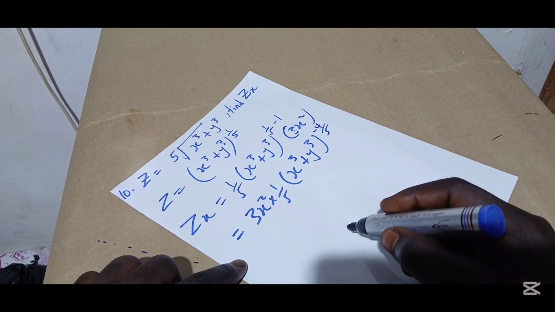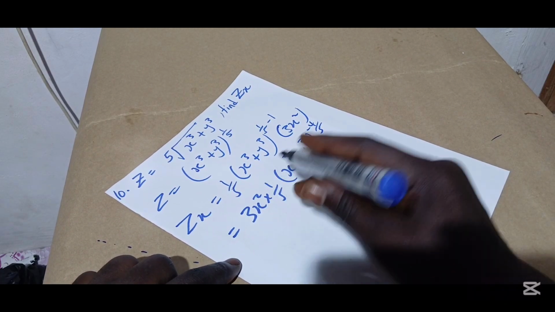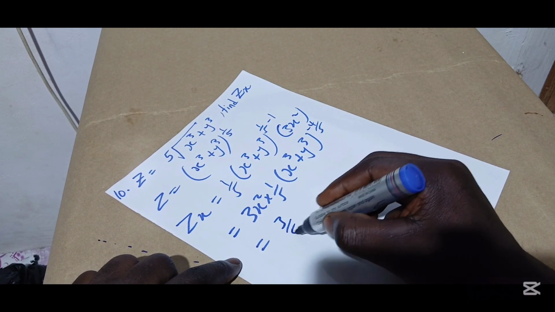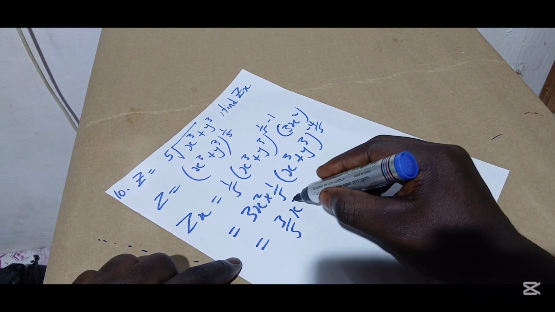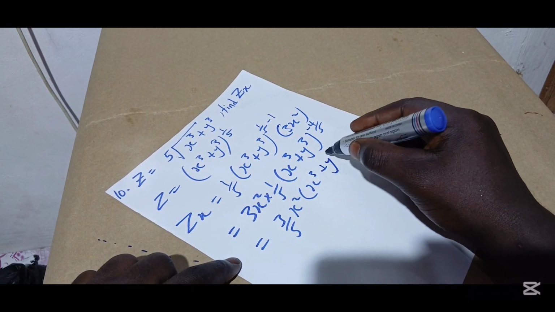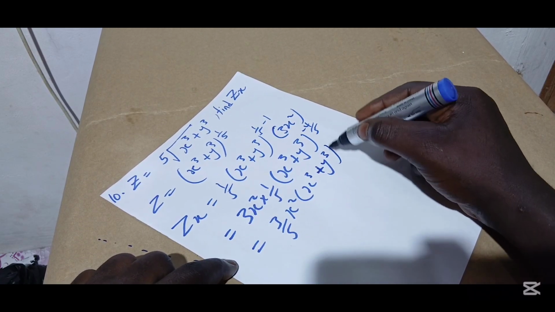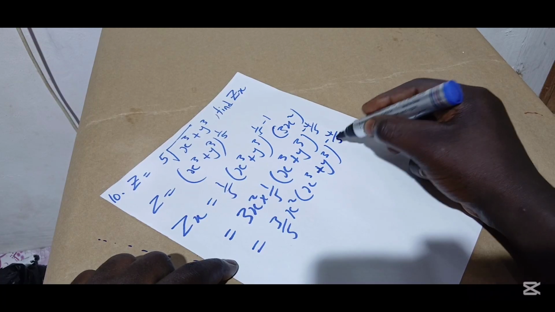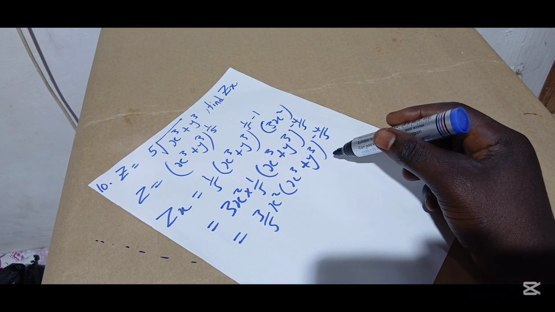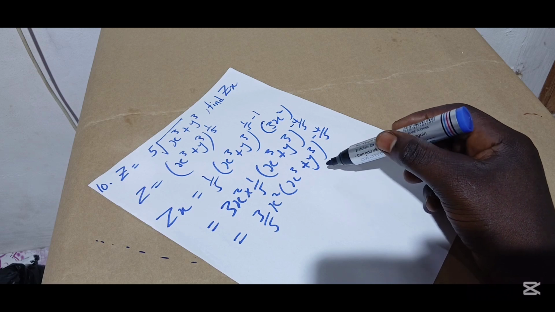So I can read this out as 3 on 5 x squared, x to the power 3 plus y to the power 3, all to the power 4 on 5. Well, on that note, this is my final answer, but I can go further and simplify this.